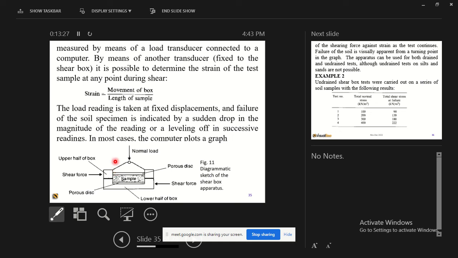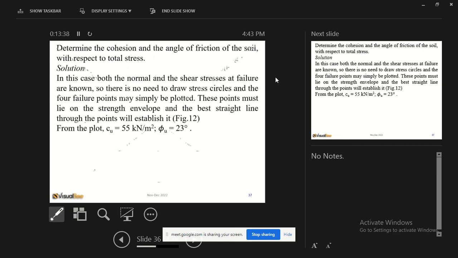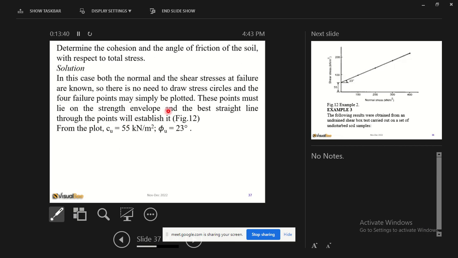So the whole box is usually flooded with water. But there is no way to measure the excess pore water pressure. So we are dealing with total stress parameters. You will see in the solution how this is done. So you need to think.